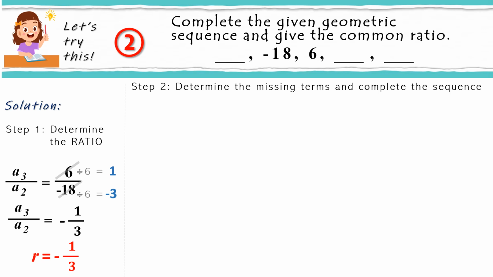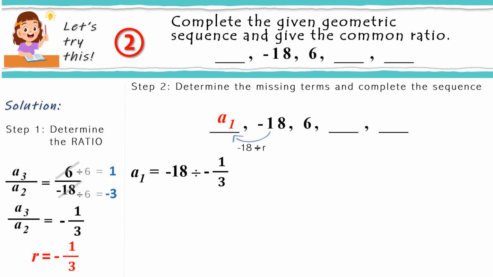Next is to determine the missing terms at i-complete na natin ang sequence. So, una nating kukunin ang ating a sub 1. So, dahil backward ang ating movement, gagawin natin ay mag-divide tayo. So, that is a sub 1 is equal to negative 18 divided by the common ratio, which is negative 1/3.